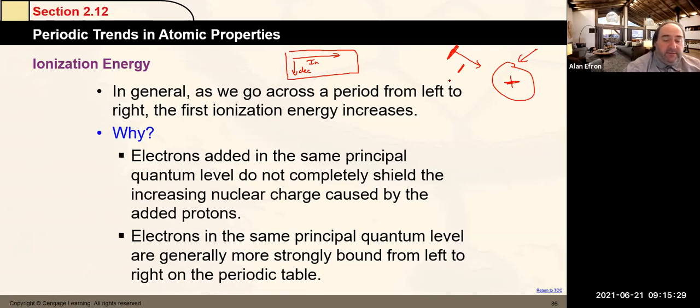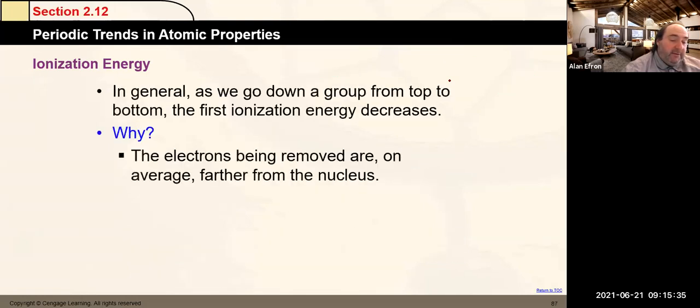And vice versa, as you go the opposite way on the periodic table, the atomic number is smaller, which means it's not going to bring those outer electrons in as much, and they won't be held as tightly, so it takes less ionization energy. That's also why we see a decrease as we go down a group.